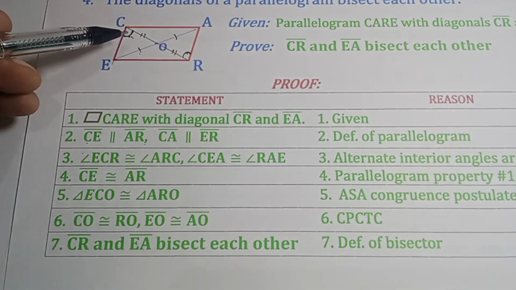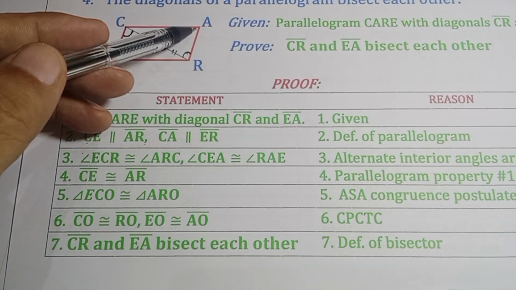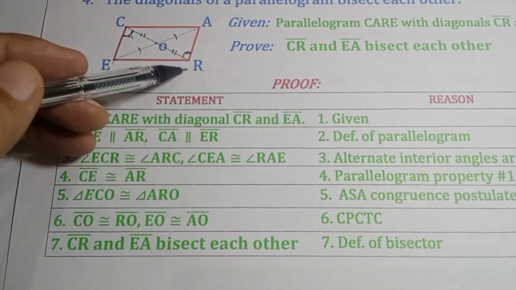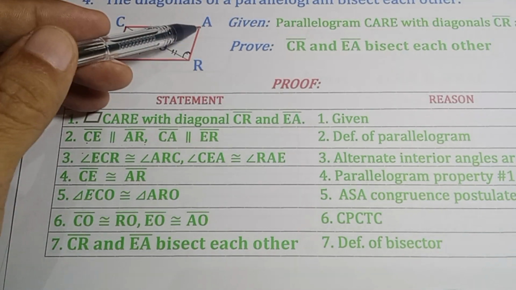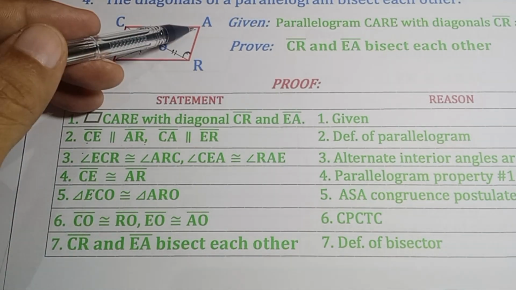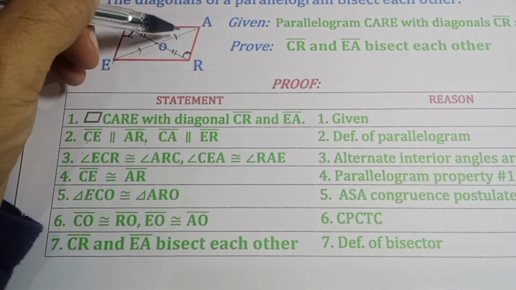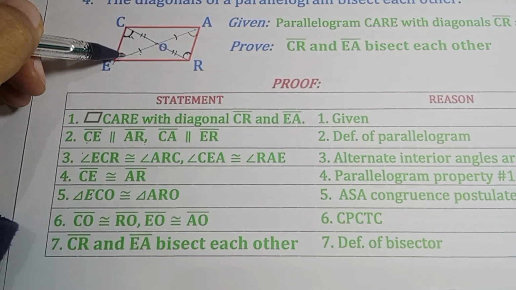And if we use CA is parallel to ER, we can use EA as a transversal, therefore these are alternate interior angles.